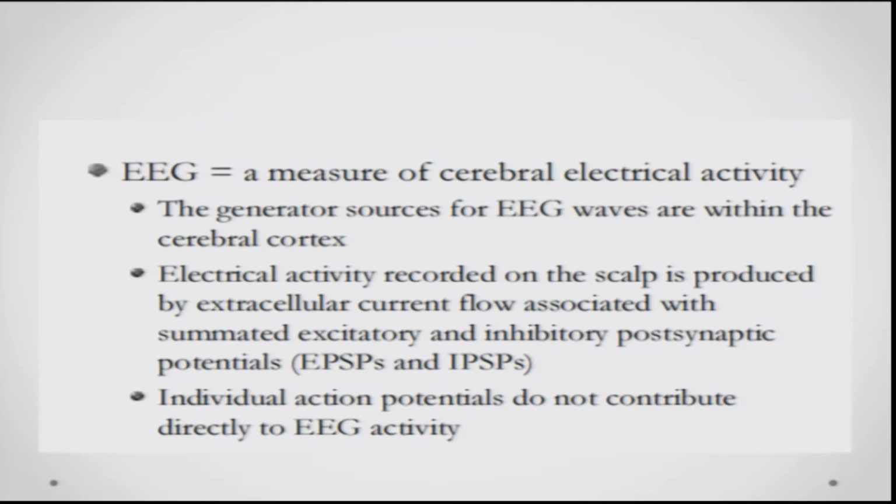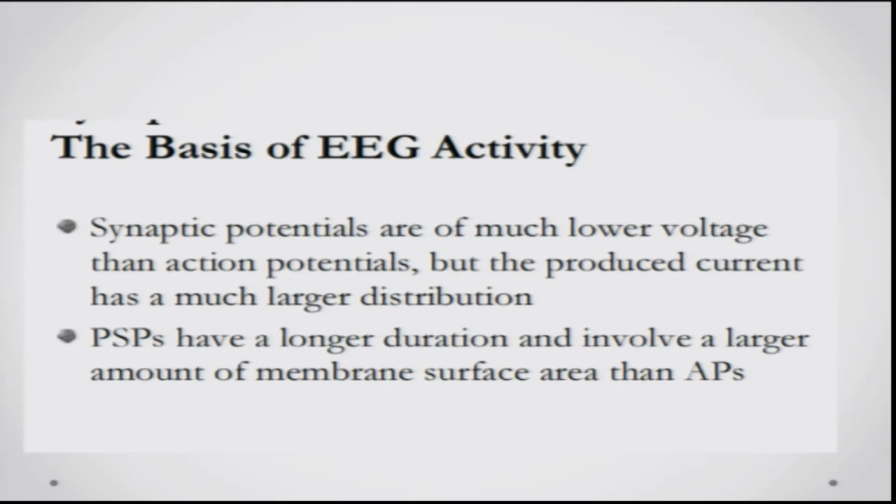It is the combined cellular activity of a huge ensemble of neurons in a certain area, whether inhibitory or excitatory, with the summation resulting in a whole electrical dipole, that is recorded on the scalp. Synaptic potentials are also of lower voltage, but the current has a larger distribution, as I said.